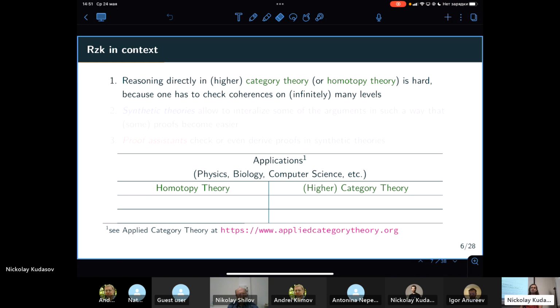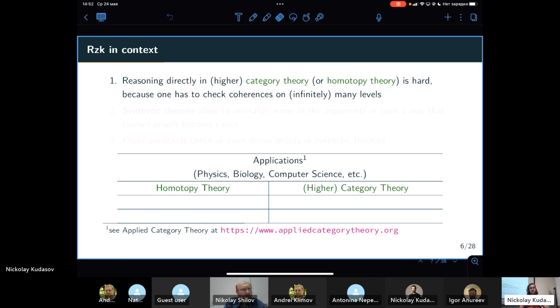This would be a very bad analogy, but in a programming language, for example, if a variable is used but it's not defined anywhere, the program just doesn't make sense. So this is a very simple check that you might want to do. And in category theory, you have certain semantic checks, which are probably not super interesting on their own, but you have to check them to make sure that the structure that you have will behave in a good way.